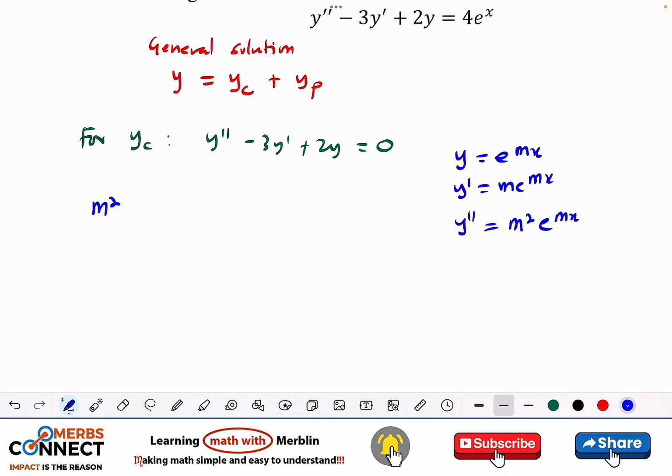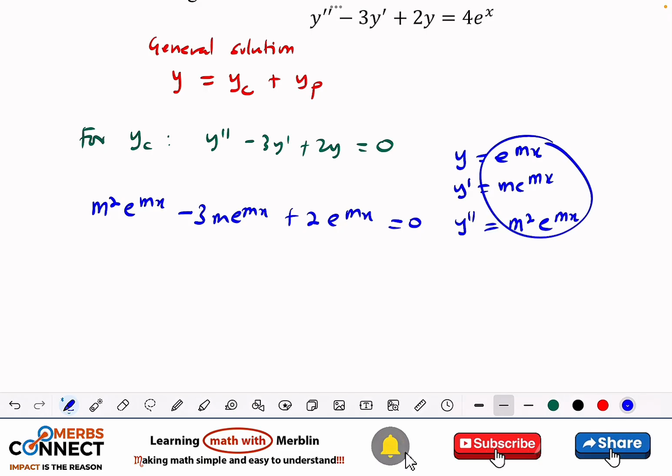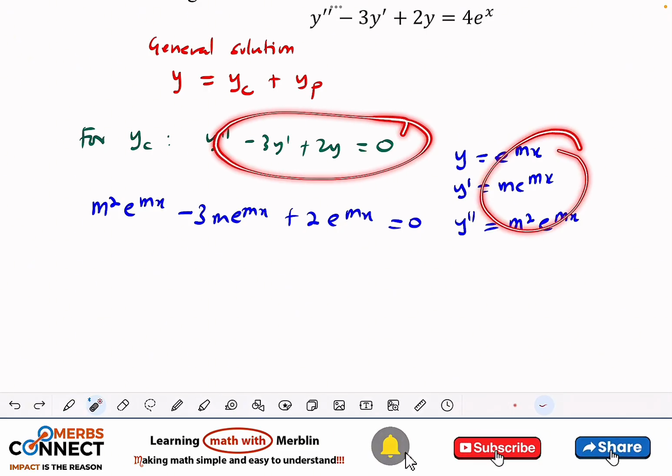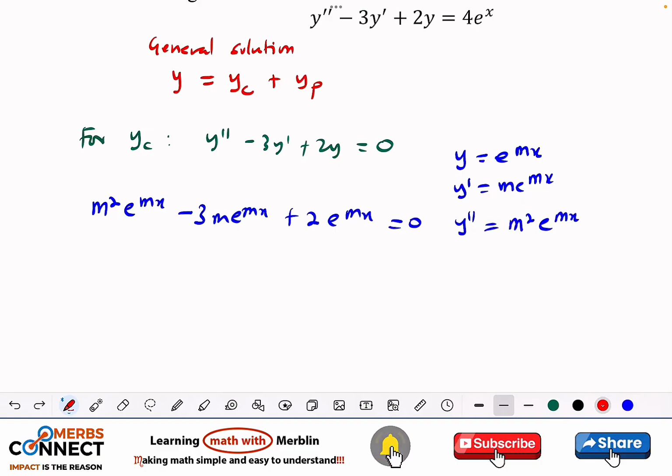We are going to have m squared e to the mx minus 3m e to the mx plus 2 e to the mx equal to 0. I just substitute this inside this equation. Again, factor this out, so we have m squared minus 3m plus 2 equal to 0.